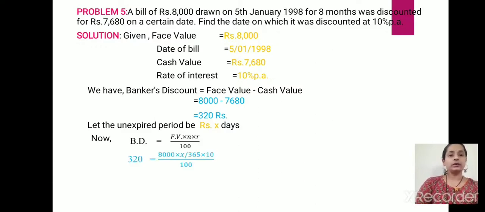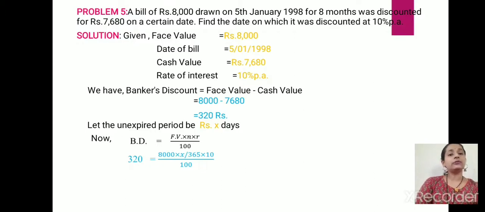So we substitute the values. Banker's discount 320, face value 8,000. Now n is X upon 365. X is the unexpired period, it is in days, so we have to convert it into years by dividing by 365. Rate of interest is 10 upon 100.